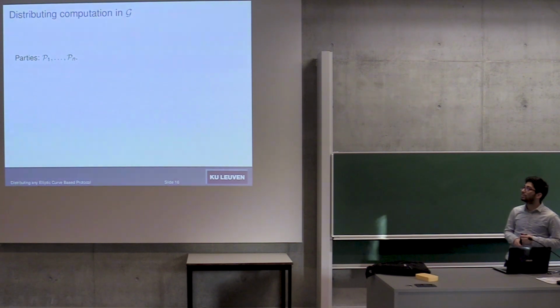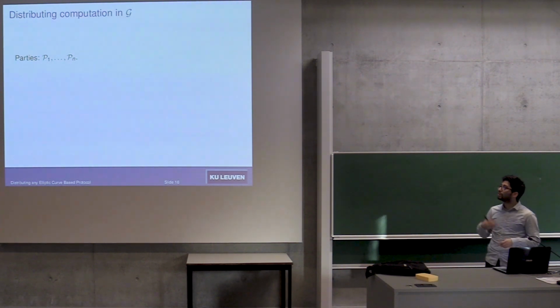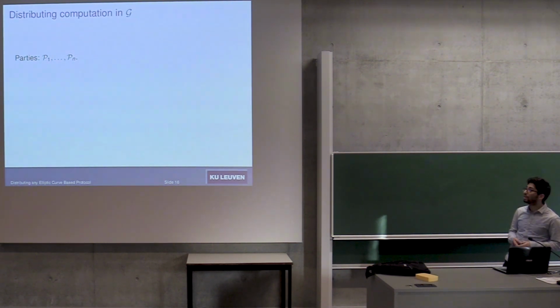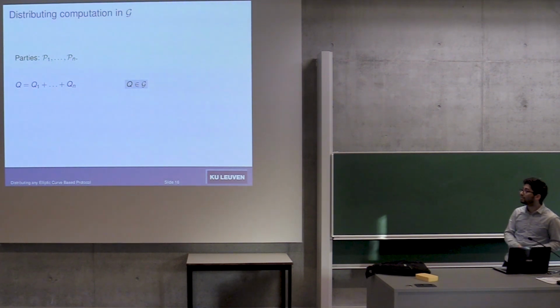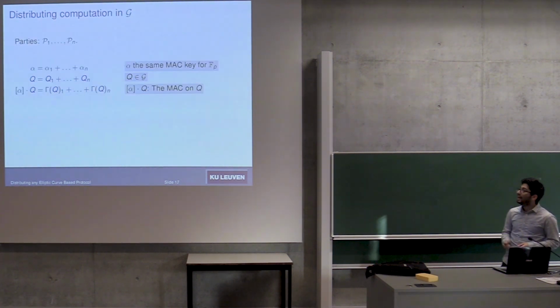And now what remains is how we will do computation over the elliptic curve, and how to share points among the parties on the elliptic curve. Well, we decided to use the same linear secret sharing scheme. So once again, a point over the curve will be linearly secret shared among the parties. And to authenticate it, we will use the same technique used in SPDZ.